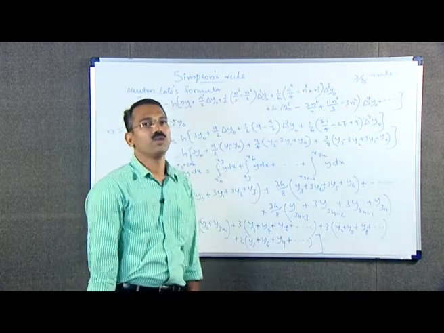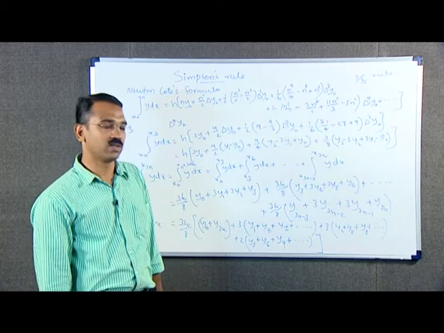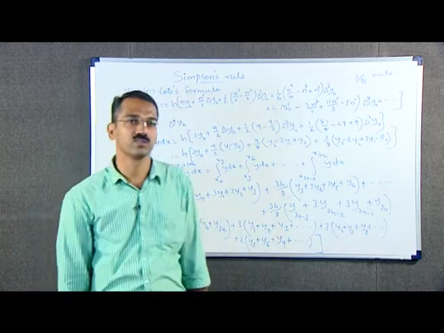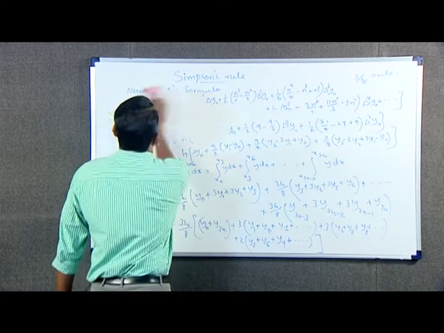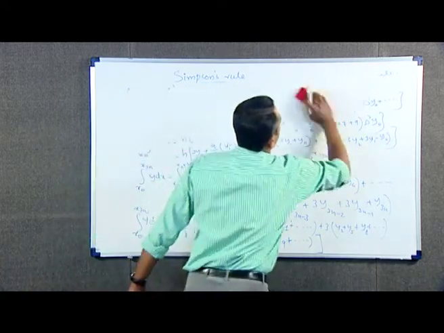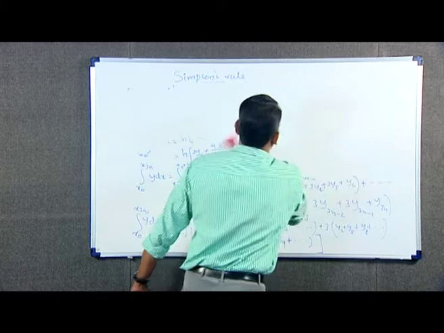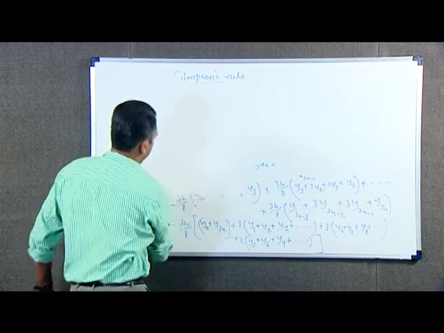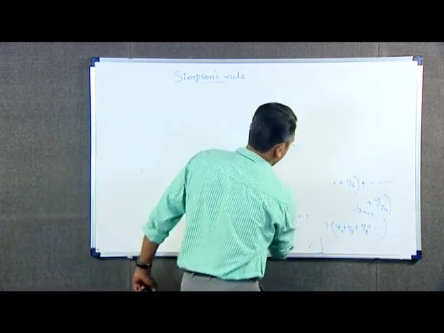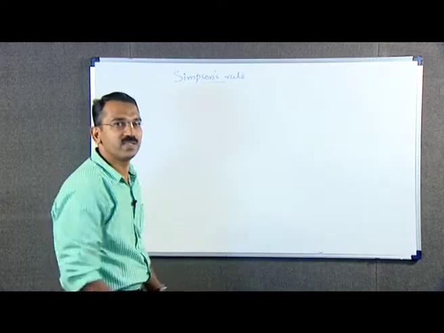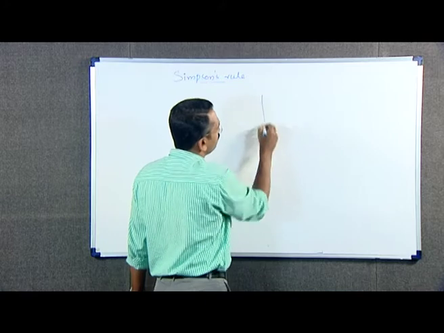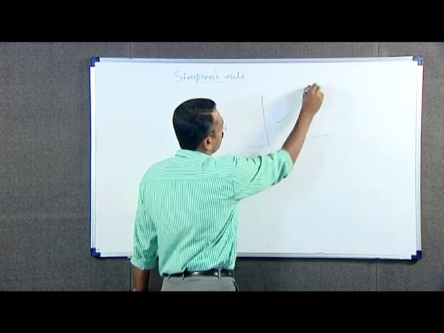Now, let us see the geometrical interpretation of Simpson's rule. Let DC be the curve of the equation y equal to f of x.